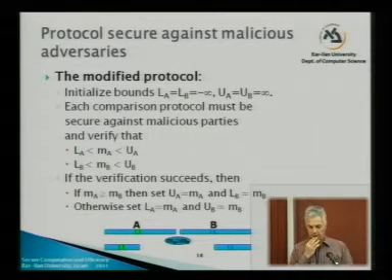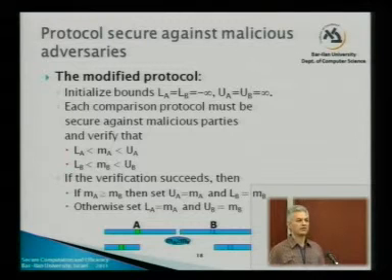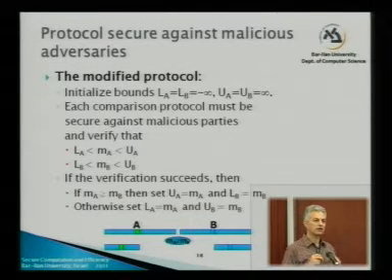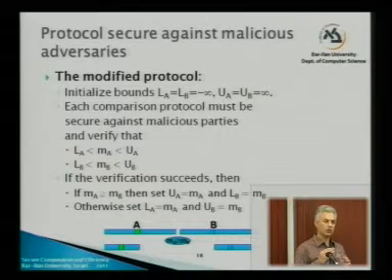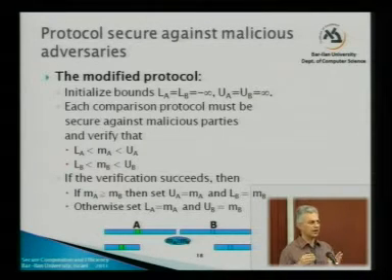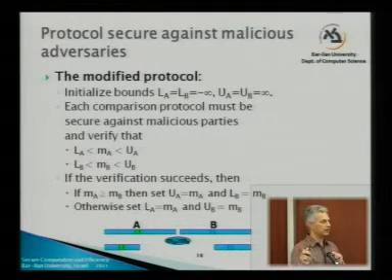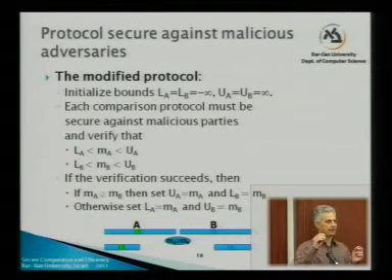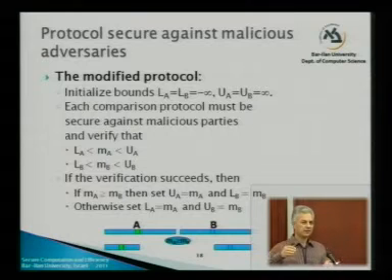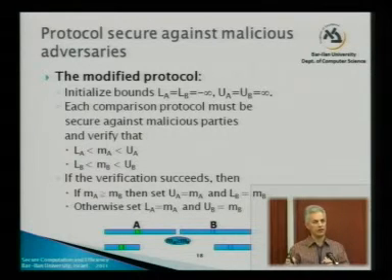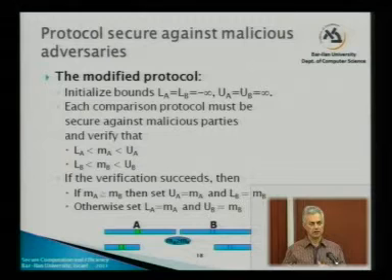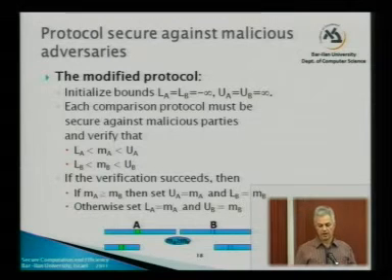Now, in every comparison, we will not only check whether MA is smaller than MB or vice versa, we'll also check that MA is between the lower bound LA and the upper bound UA, and that MB is between LB and UB. In the first step, of course, this is going to be true.